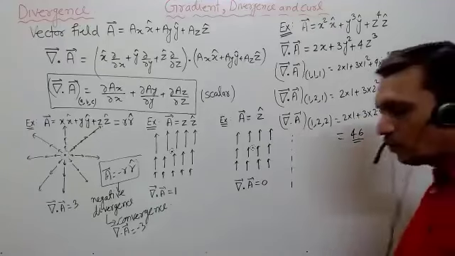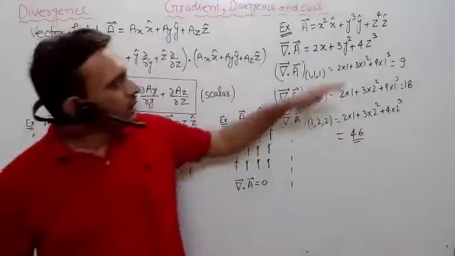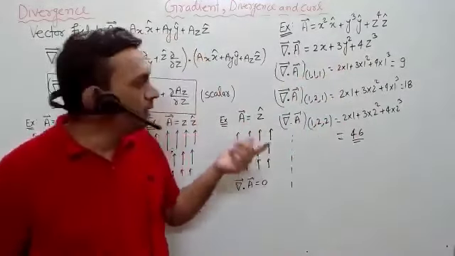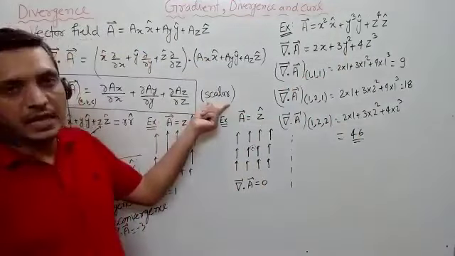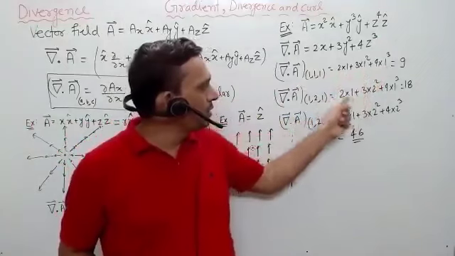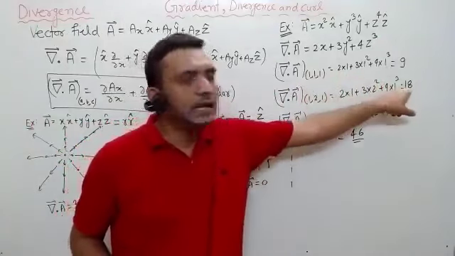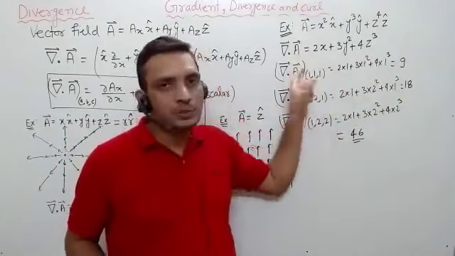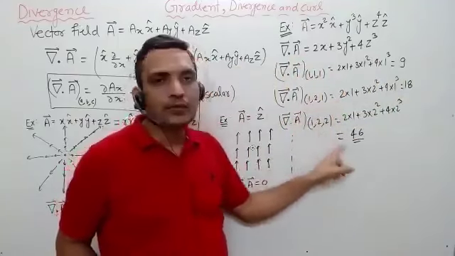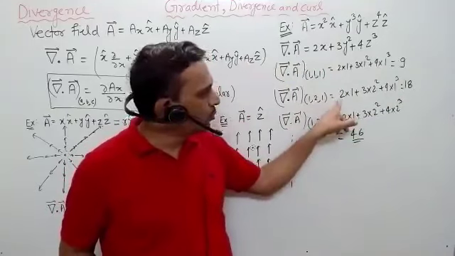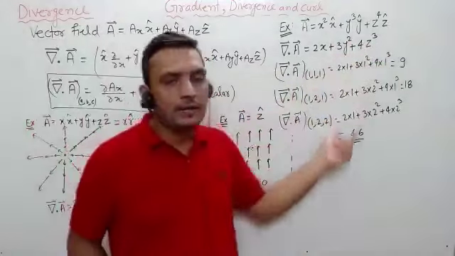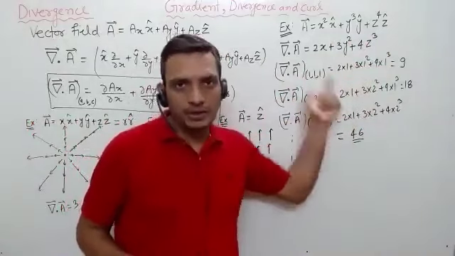So you can easily calculate the scalar value at different points, and then you can compare which is the region of high divergence. So this scalar value will decide which is the region of high divergence. If you compare these 2 points, around 1, 2, 1 is high divergence as compared to this point. If you compare these 2 points, around this point divergence is high as compared to this point. So just by seeing the scalar value, you can decide which is the region of high divergence.